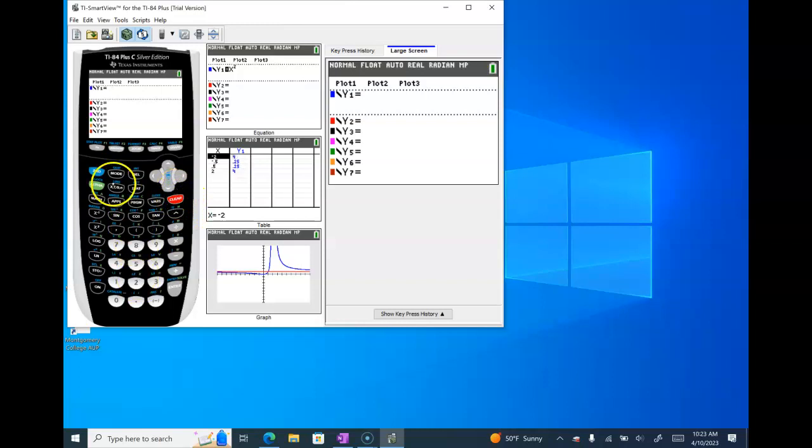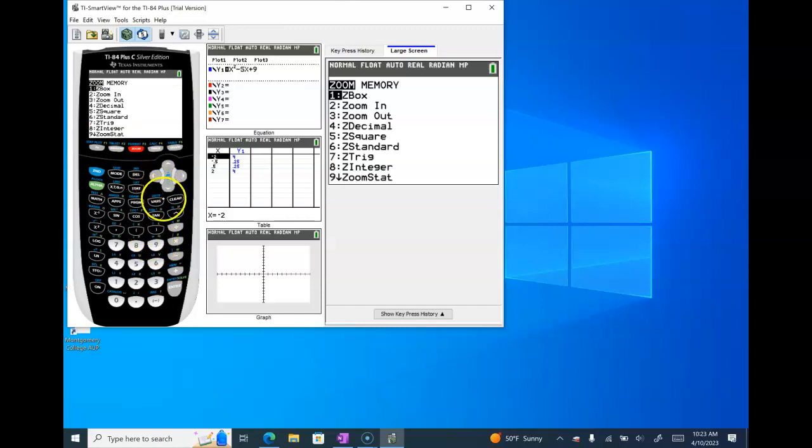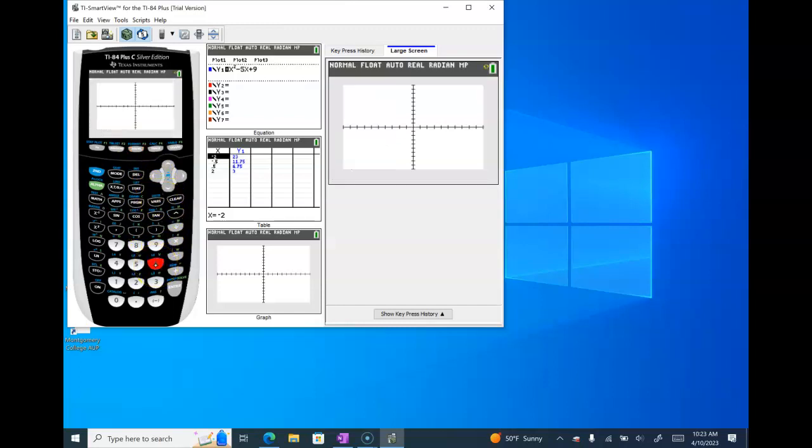That's interesting enough. x squared minus 5x plus 9, right? And zoom standard. Nice. It looks like somewhere between 2 and 3, I get my min.